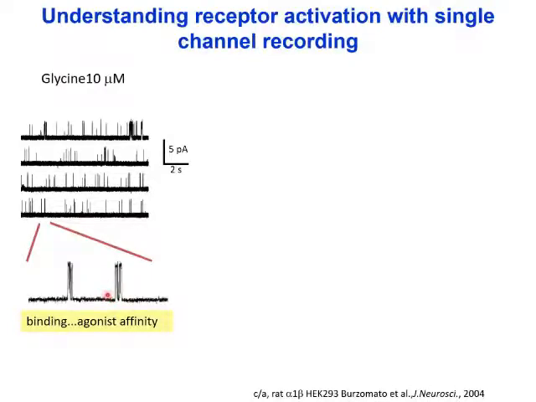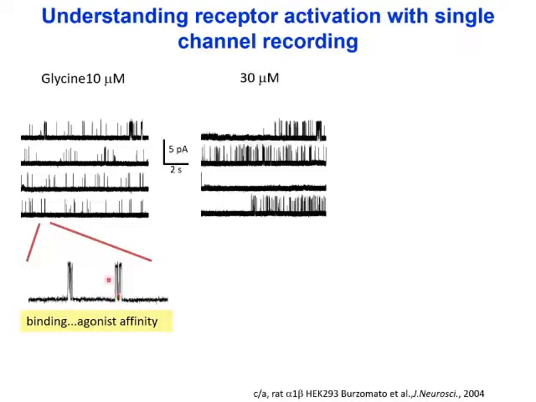So it should be no surprise to you that if I increase the concentration of glycine, and this is shown here, these openings and groups of openings become closer to one another. And this is also becoming visible here. Another thing, remember desensitization? We can begin to see that we have long shut times that are desensitized, and then we have shut times between the groups of openings here that are called bursts.